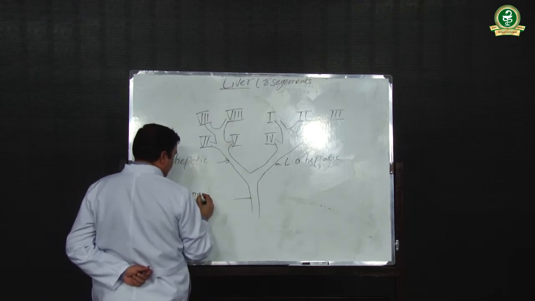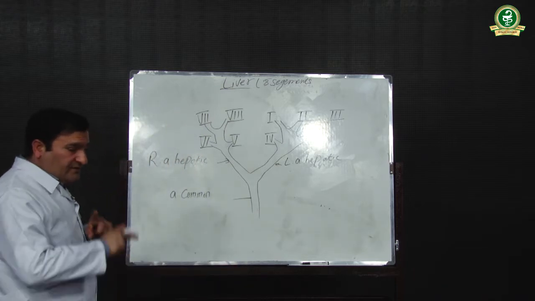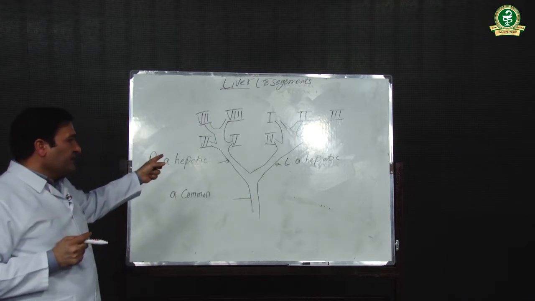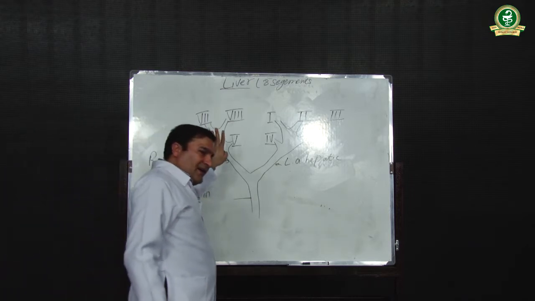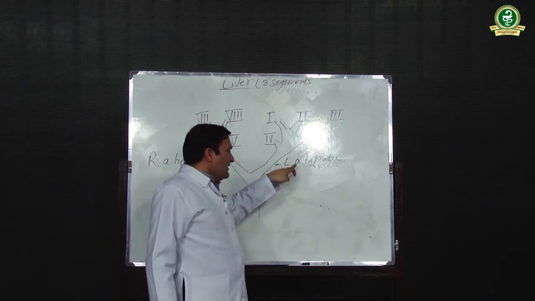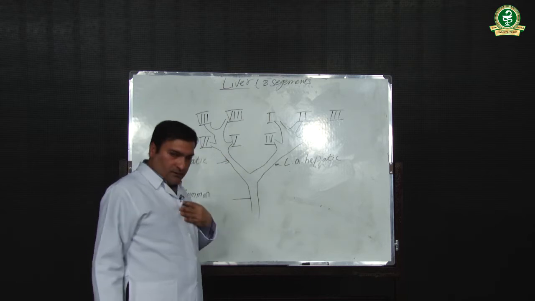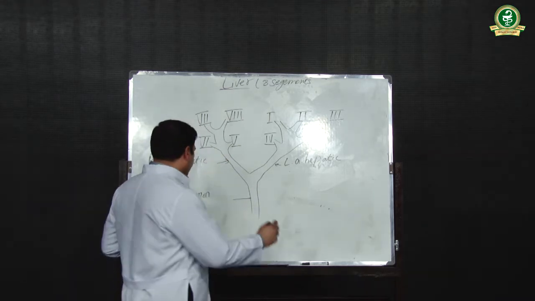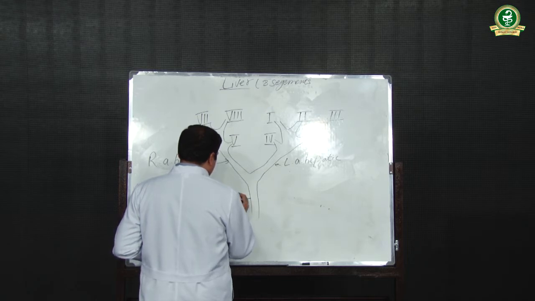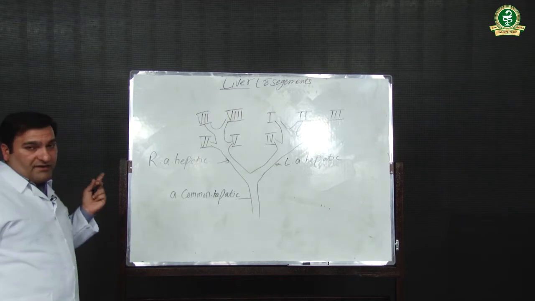The common hepatic artery is the common artery branch. It is divided into two groups, right hepatic and left hepatic. The right hepatic gives blood supply to the right lobes of the liver, and the left hepatic artery gives blood to the left lobes. These two, right and left, are branches of the common hepatic artery.